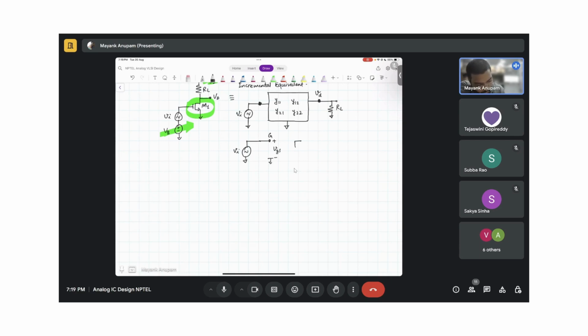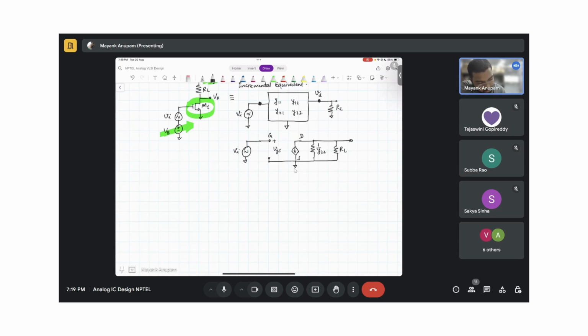And at the drain side, I have a voltage controlled current source, correct? Then we have this 1 over y22, right? And then we have RL, and this is our drain, right?